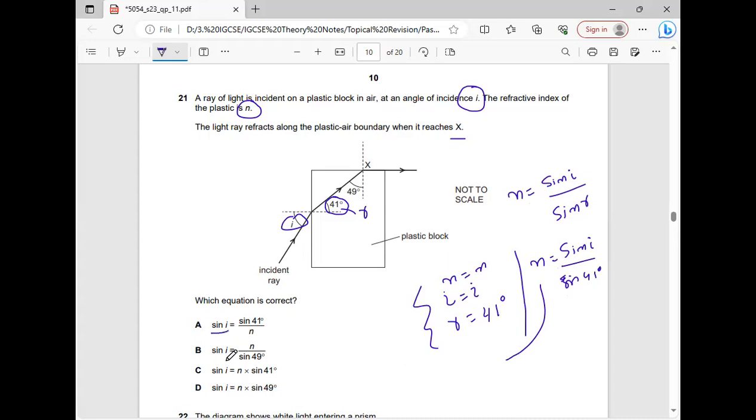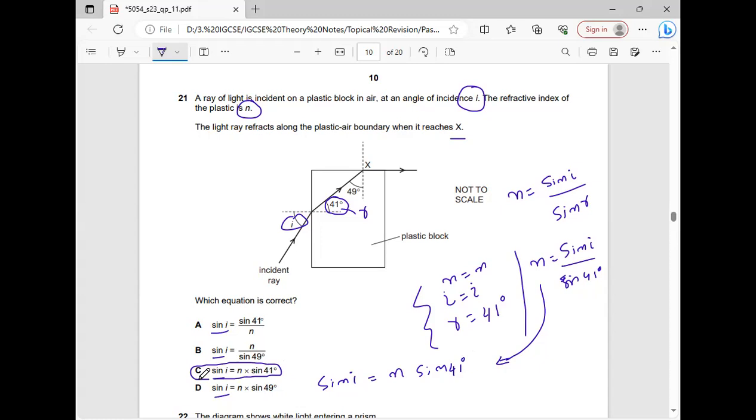Since all values are given, from here we can write sine I is equal to N sine 41. So which option is correct? Sine I is equal to N sine 41. So option C is the correct answer.